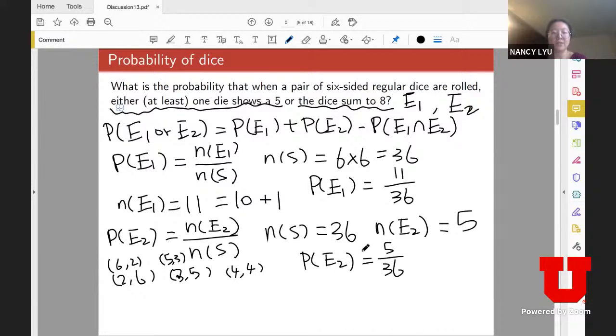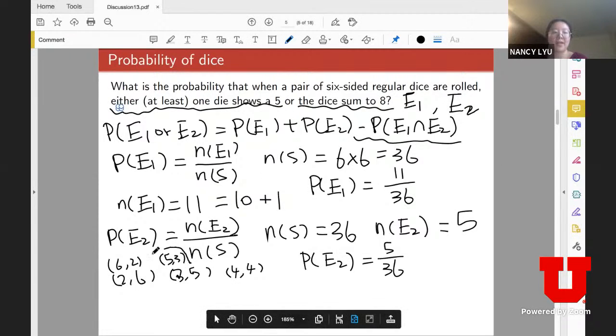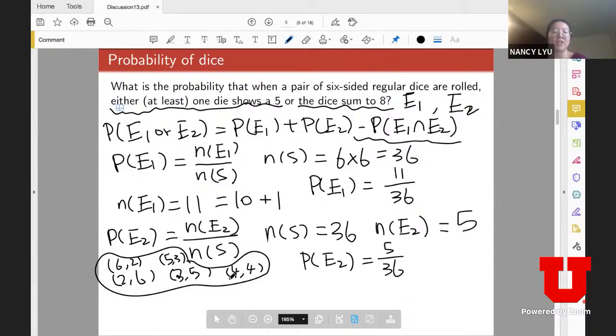And you want to subtract the overlap, where both of the events happen at the same time: at least one die shows a 5 and the dice sum to 8. Another way, you can just look at these 5 outcomes, which satisfy that at least one die shows a 5, and then count the number.